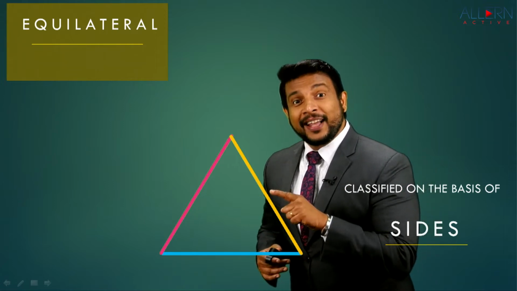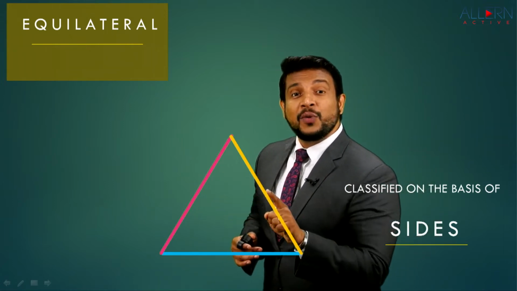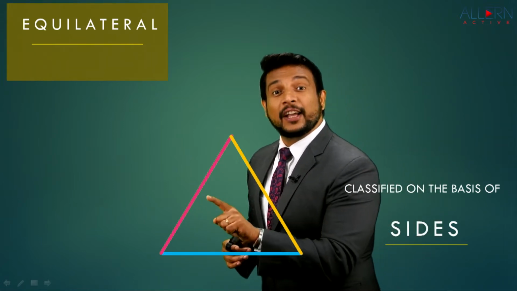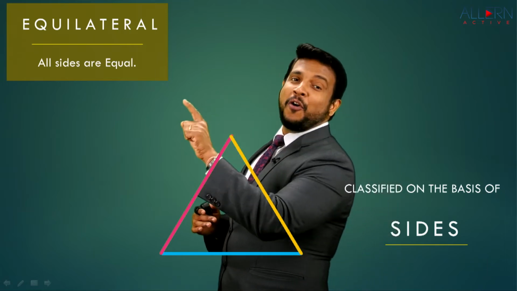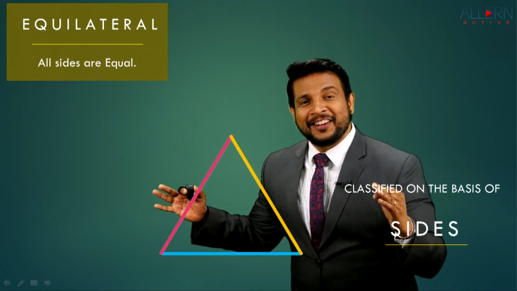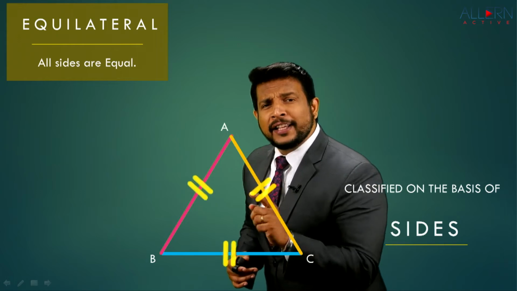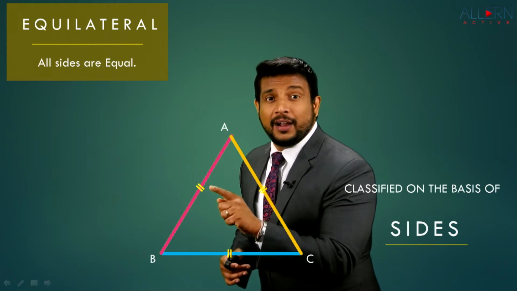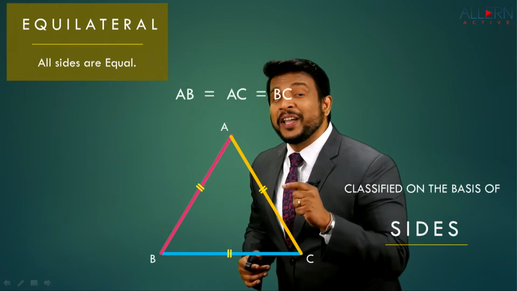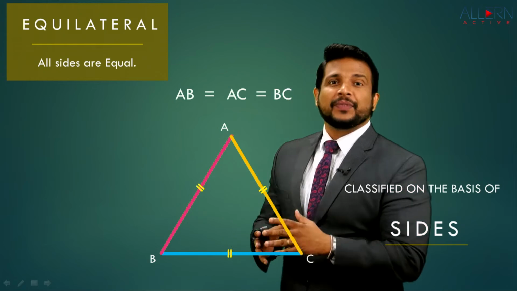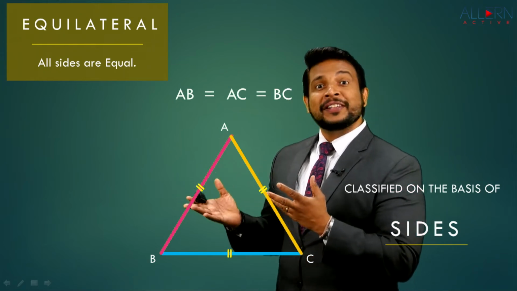So now we have a triangle with equal line segments. So all sides are equal. An equilateral triangle is a triangle where all three sides are equal. That means AB is equal to AC is equal to BC. Isn't that interesting?